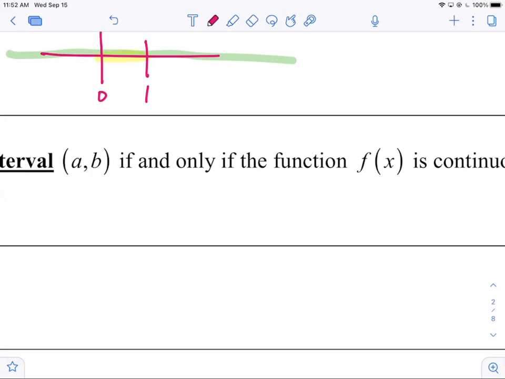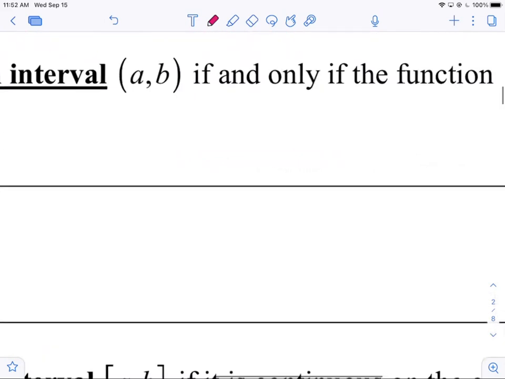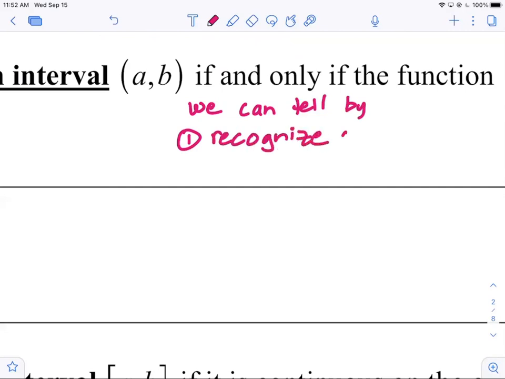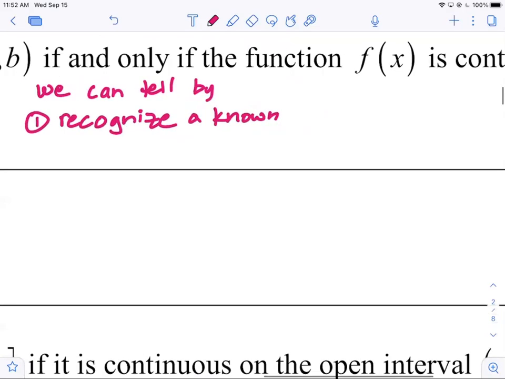All right. Now, if it's not a function whose equation we memorized, the way that we're going to tell is, let's just write this out. We can tell by, number 1, we recognize a known continuous function.